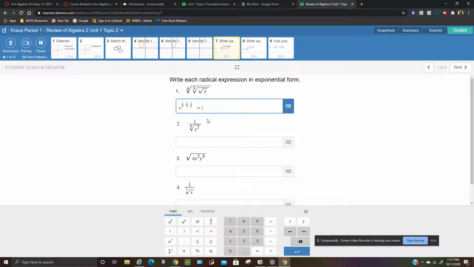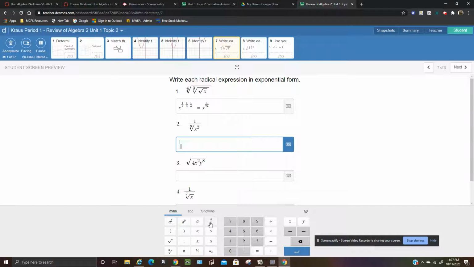And then the exponent is 1 over 24. And then this one, I'd use the fraction bar, so I have a 1 in the denominator, x to the 2/6, which equals 1 over x to the 1/3.